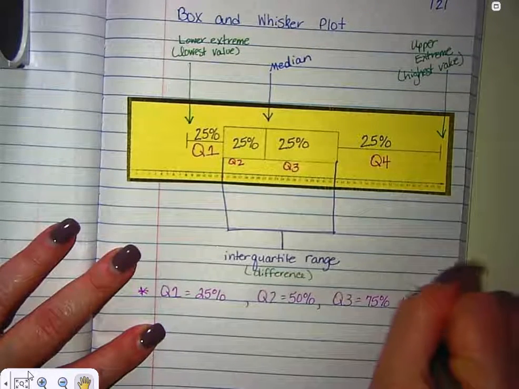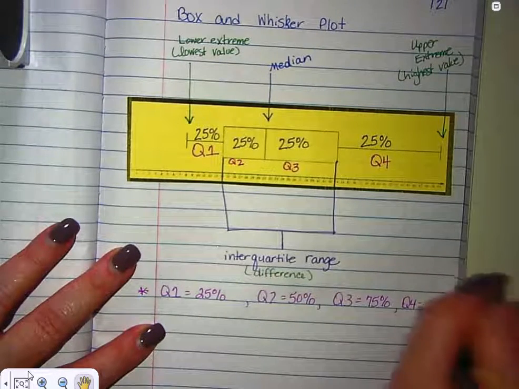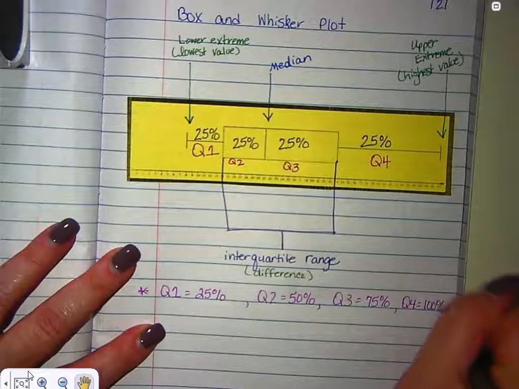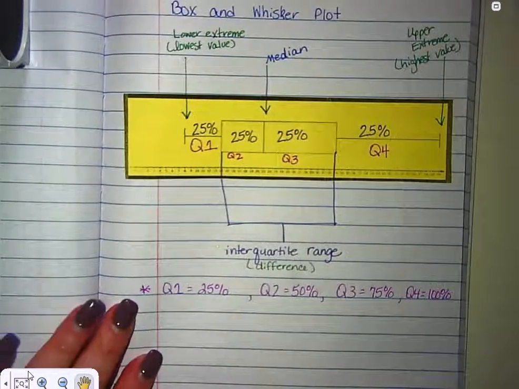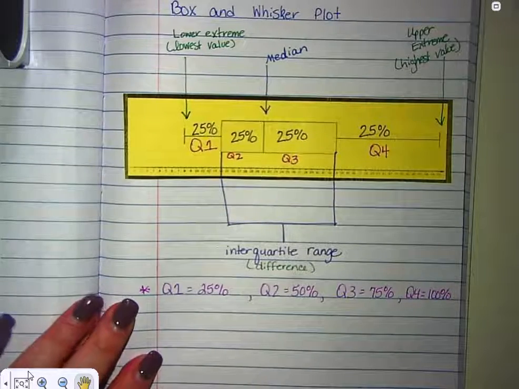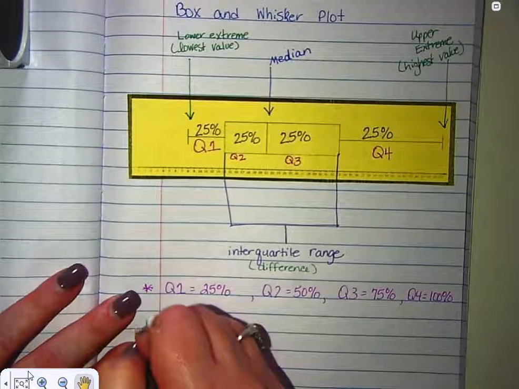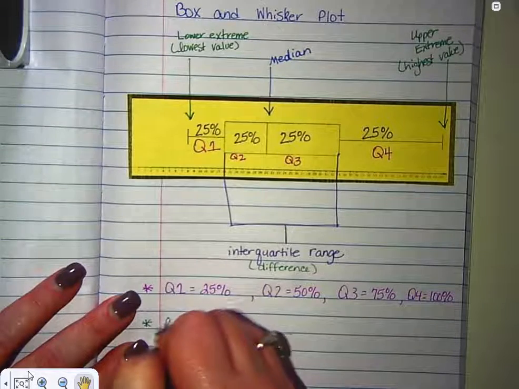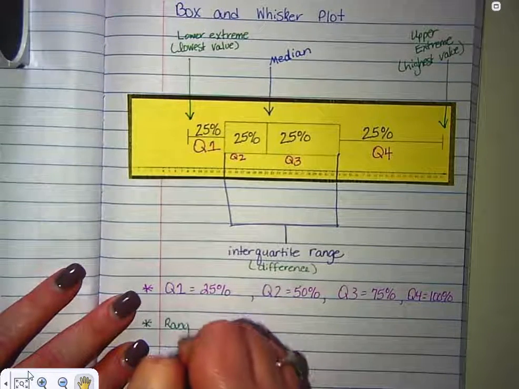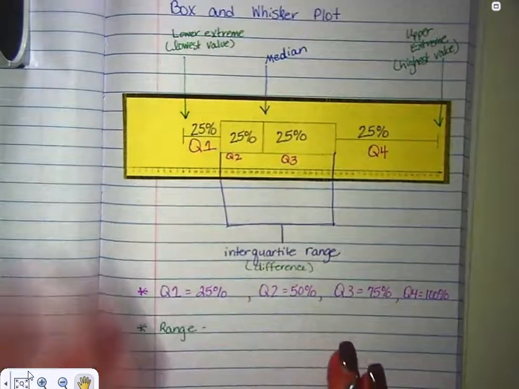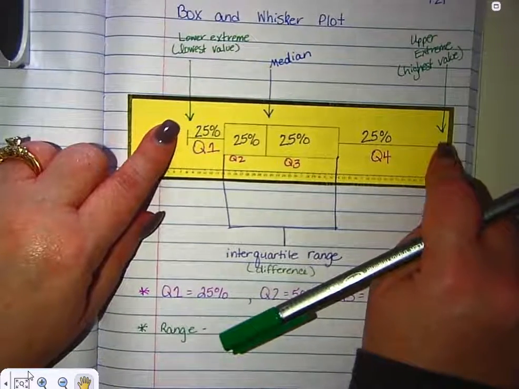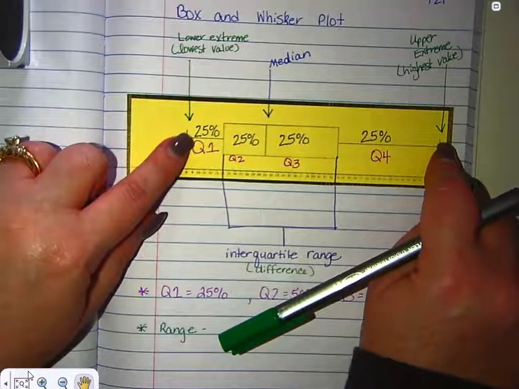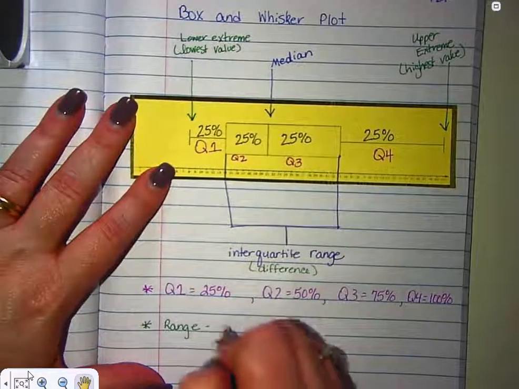And quartile 4 is 100%. All of it. We need to make note of that. We need to think about how we would find the range. The range is the highest minus the lowest.